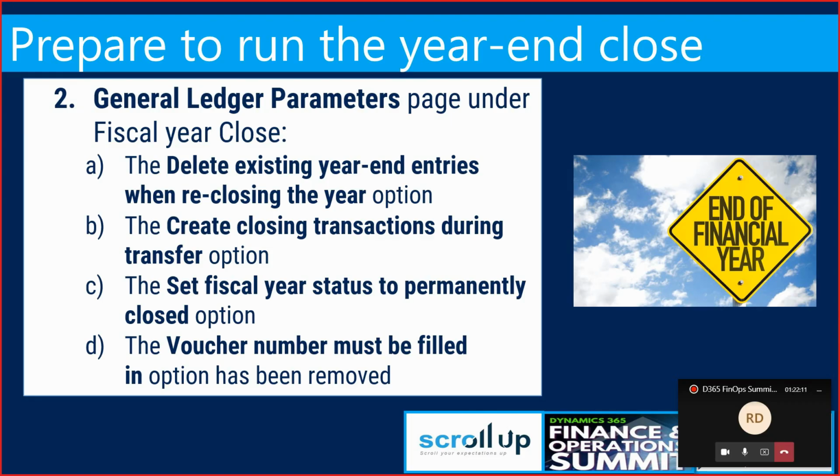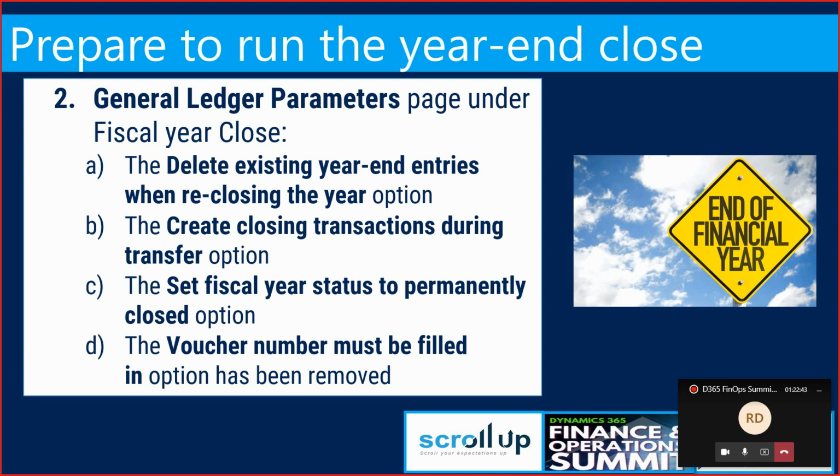These are other fields that I'm also going to discuss in my presentation, but they are all available here. Then we have the create closing transactions during transfer option. This is why we said this is optional. This option is used to create closing transactions in the fiscal year that is being closed, to bring the balances of all main accounts to zero, only the balances that are supposed to be set to zero. If this option is set to yes, both the opening transaction and closing transactions are created.